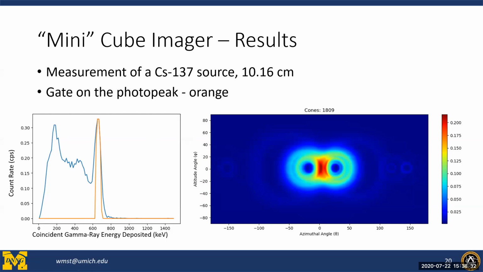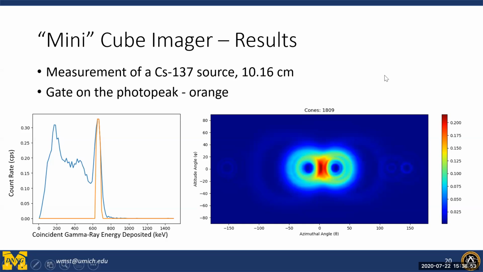Cesium-137 emits a 662 keV gamma ray, and you can see that we have a photopeak where we get that full energy deposition of that gamma ray. And if we gate on those events such that we only back project those events, you can see we obtain the following simple back projection image.